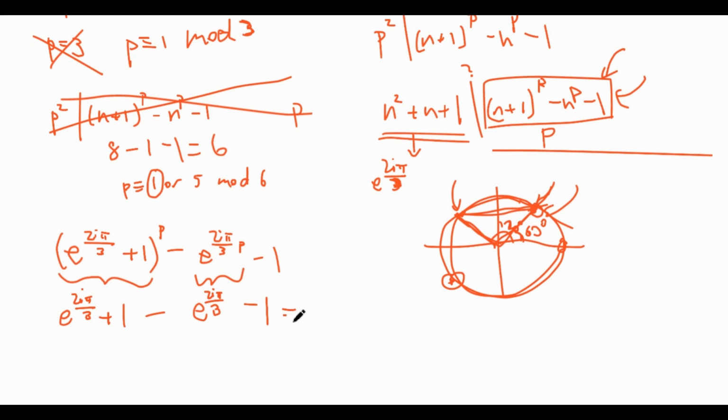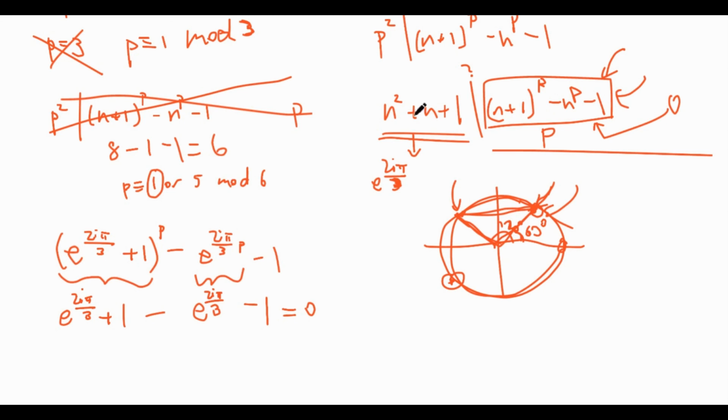But this entire thing is just equal to 0, so indeed, when we plug in n equals e to the 2i pi over 3, the right-hand side vanishes, 0. So again, we can do the exact same thing with e to the 4i pi over 3. It's the exact same calculation. You can check it yourself.